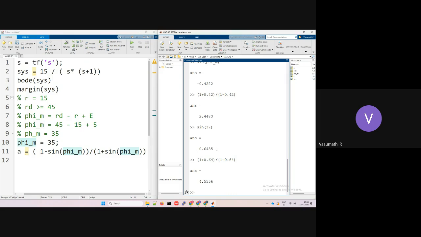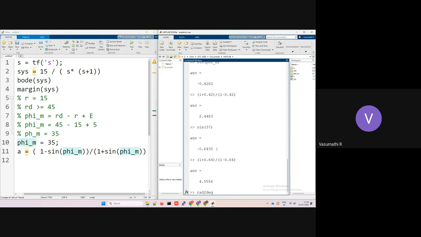So the formula is 1 minus sine phi m divided by 1 plus sine phi m. Okay, okay. MATLAB is taking in radians. I'm sorry, this has to be radians to degree. Merely substituting it will take it as radians, no? So it will be radian to degree.